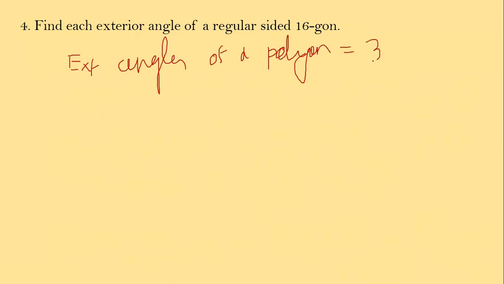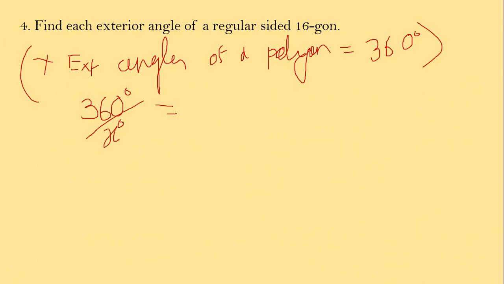The sum of the exterior angles of a polygon is equal to 360 degrees. We have also learned in our last class that 360 degrees by x degrees will give us the number of sides of a regular polygon.